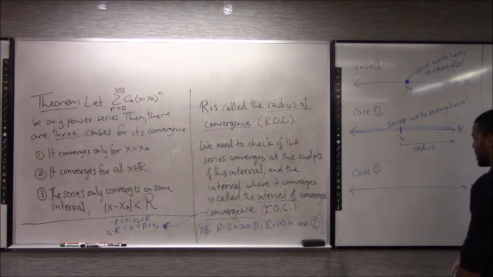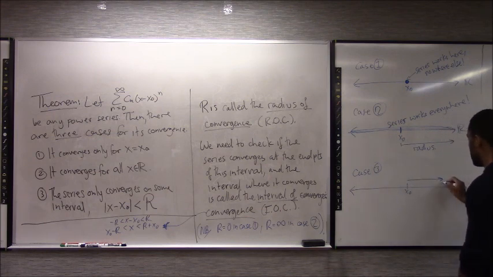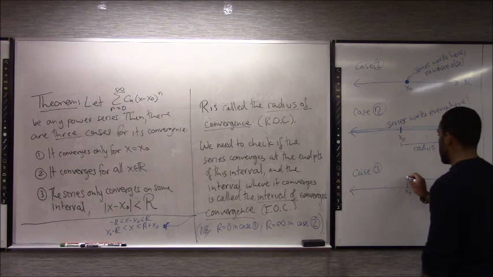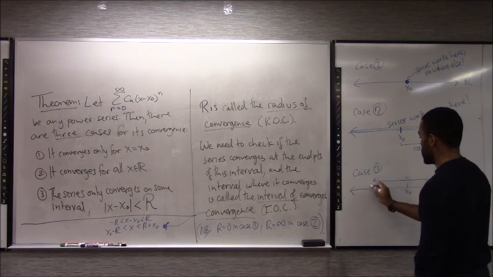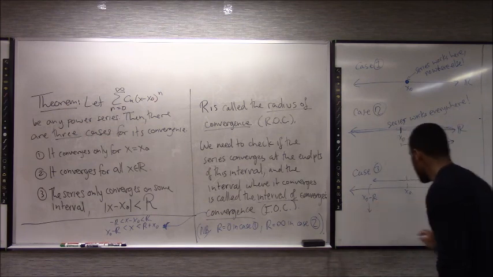So this is the real line. My x0 is here. I can move a distance given by x0 plus some radius of convergence, and I can move back a distance given by x0 minus some radius of convergence, and we may or may not converge at the endpoints.